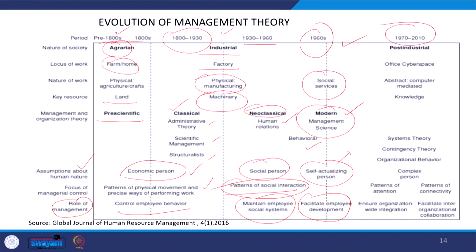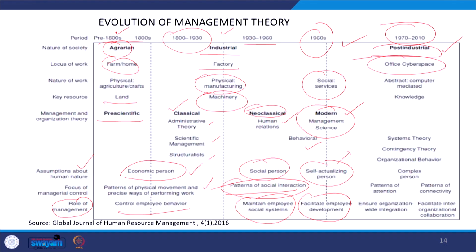From 1970s to 2000, there is again a shift in how industries have changed, how the viewpoints of managers have changed, as well as how employees have started behaving. This era, 1970s to 2010, has been called the post-industrial society. The locus of work is not just the factory, but has moved towards the office and cyberspace.